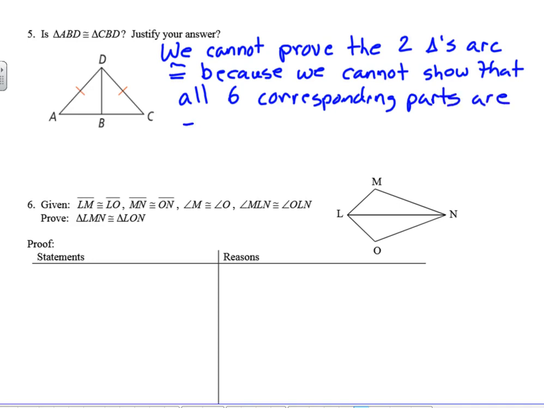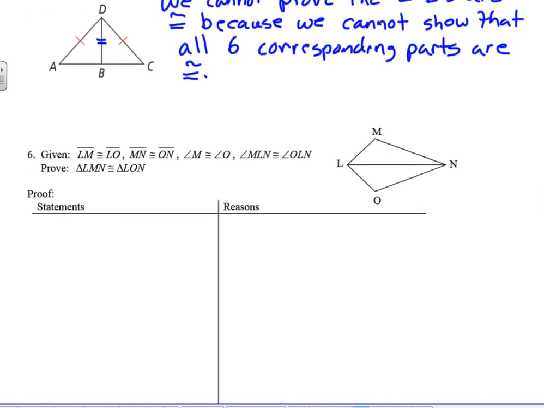So they might be congruent. They look like they're congruent is not a reason that we can give to prove, right? Just because they look the same doesn't mean that they are the same here. So they do share a side, so we have two sides, but we don't know anything about the angles, and so therefore we can't prove that.